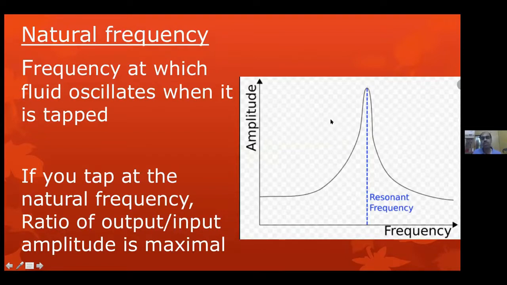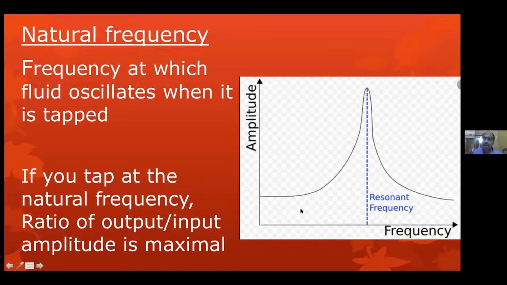Now why should we know about this natural frequency? At this particular natural frequency, the output will be terribly high. If I give an input frequency exactly at that natural frequency, the output will be extremely high. And if it is extremely high, we will not be able to assess it at all.